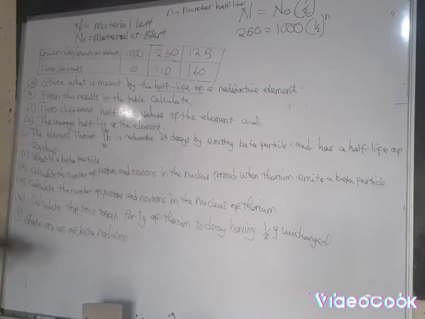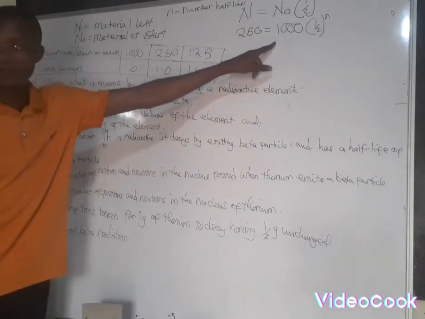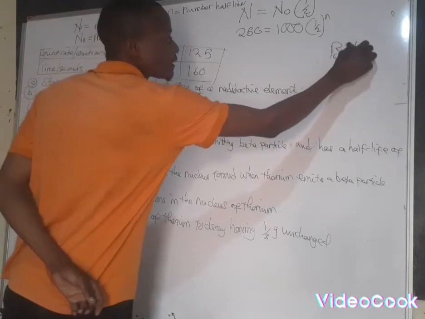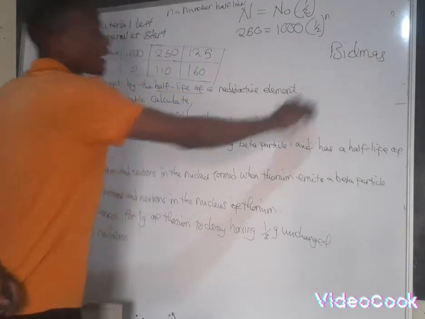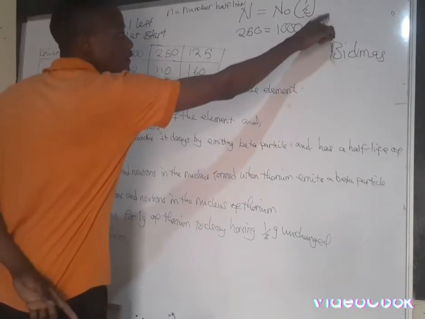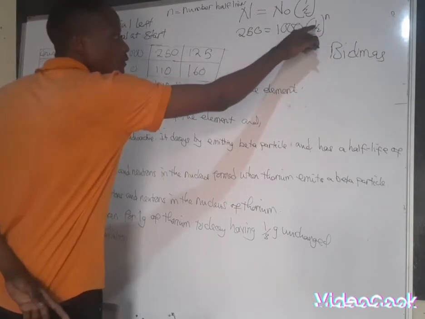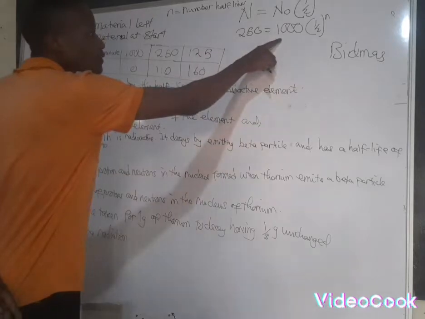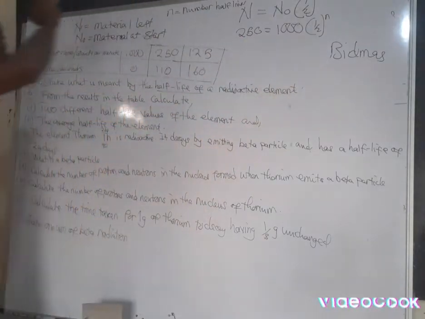Now you cannot multiply 1/2 times 1000 because of the BIDMAS rule in mathematics, where I stands for indices. So indices come first. So we have 1/2 to the power n, therefore you cannot multiply 1/2 times 1000 because of this power.